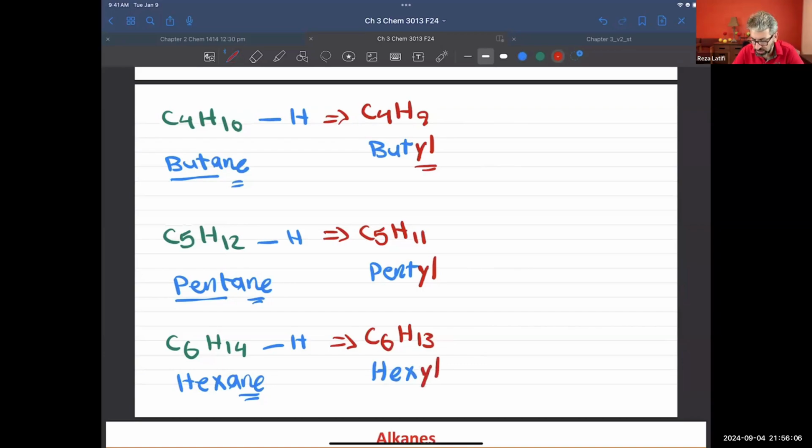And how about the symbols? For butyl, we go with Bu. For pentyl, we go with Pe. And for hexyl, the symbol will be Hex. Those are the symbols.